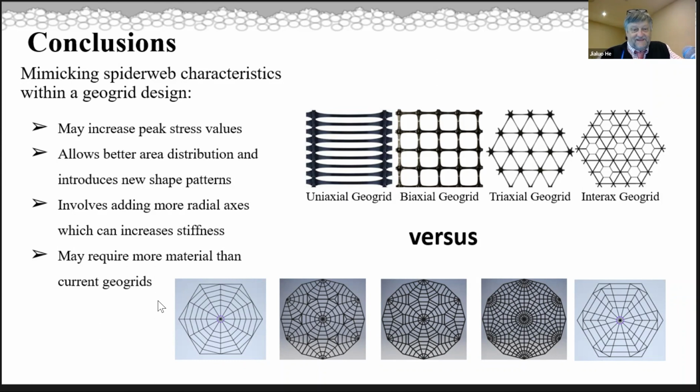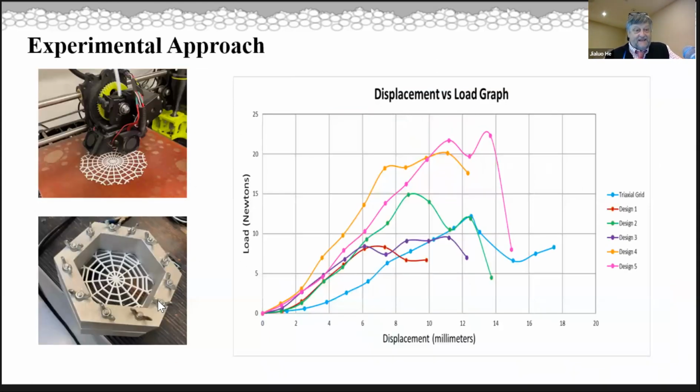In the bottom, here are some of the goofy ideas that those undergraduate students that I had working with me came up with based on the spider webs. I just told them, come up with some ideas that might be our spider web inspired geogrids. And then we went through, we actually 3D printed all of those spider webs, including the existing ones. And then we ran load displacement testing on them.